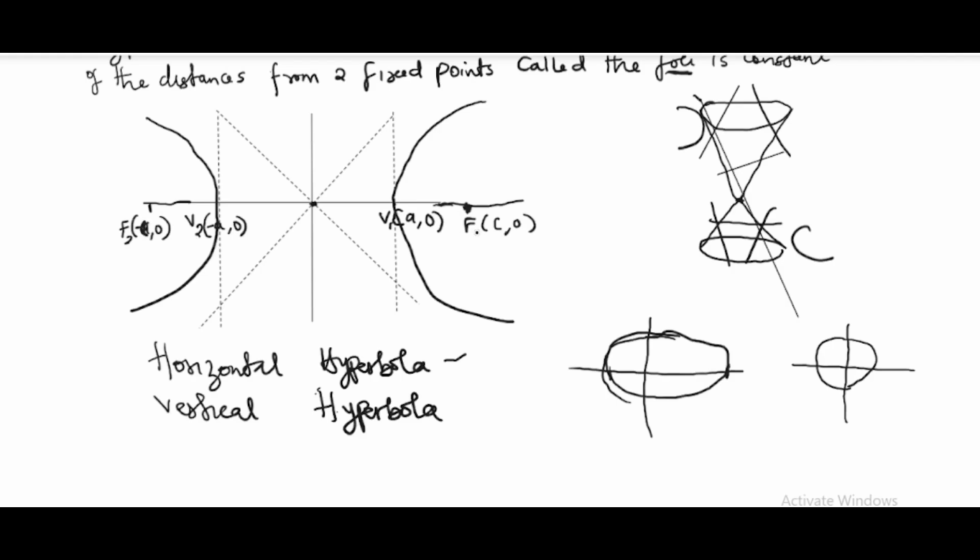Now, if this were to be a vertical hyperbola, our vertices would have been 0 comma a, while our focus would have been 0 comma c and then 0 comma minus c. All right, that's if our hyperbola were to be something like this, where we'll have this going this way, this going this way.